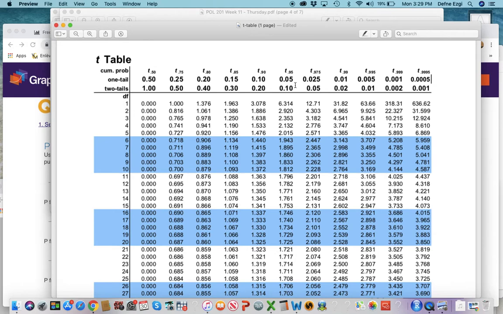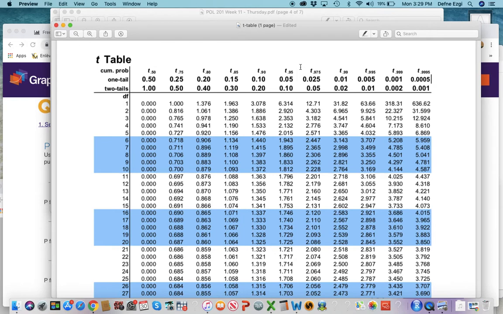And just like with critical T, T star, and alpha, these three rows give me the same information. So my sample is right here. The subscript gives me the area to the left of my positive sample t-score.